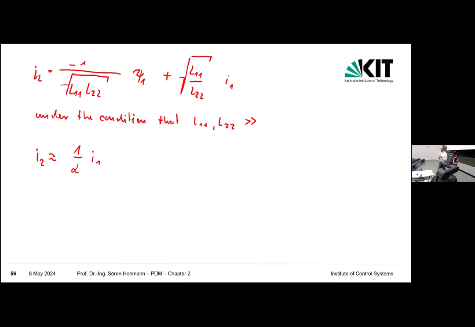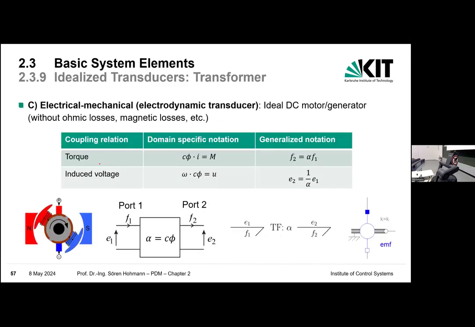So now I want to give you other examples. This is a very simple example for an electrical domain where you couple one side of an electrical domain and another side of an electrical domain. I want to give you a second transformer which transforms electrical energy into mechanical energy, and we know this, it's a motor drive, and it's depicted here.